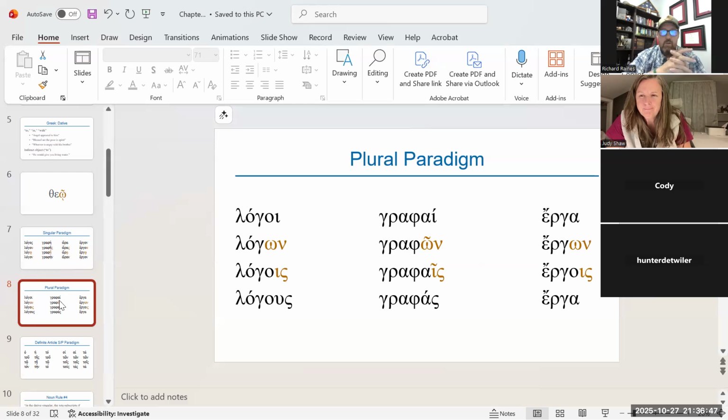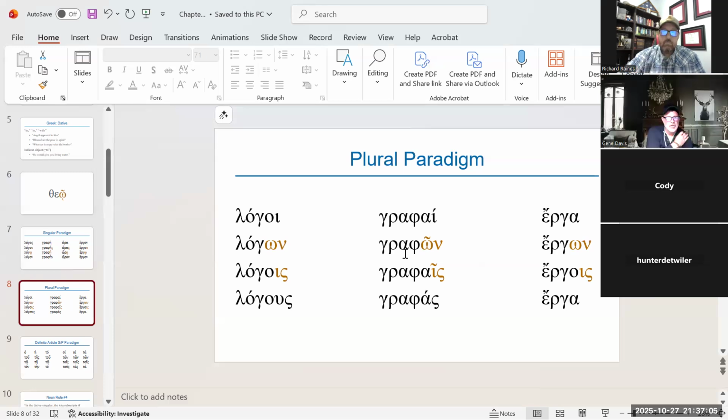Graphone. Right here. What is the gender of graphone? Which one are you looking at? The second column? Yep, the second column.